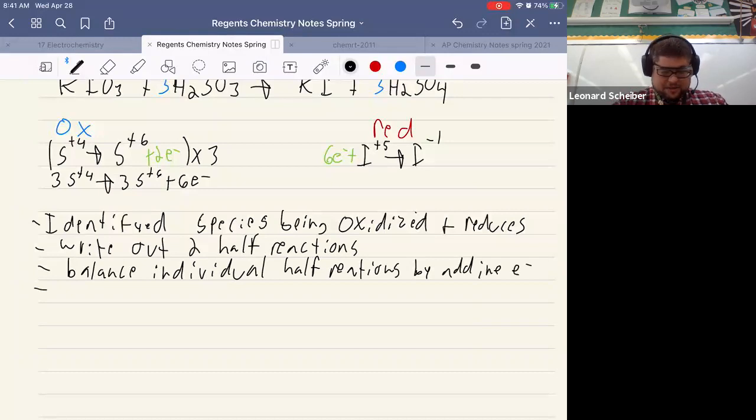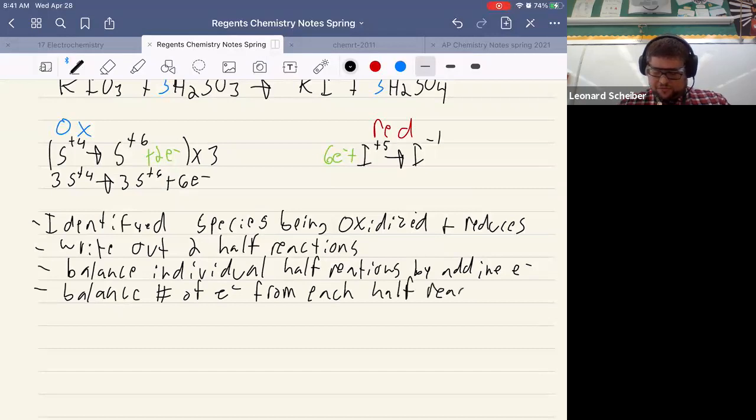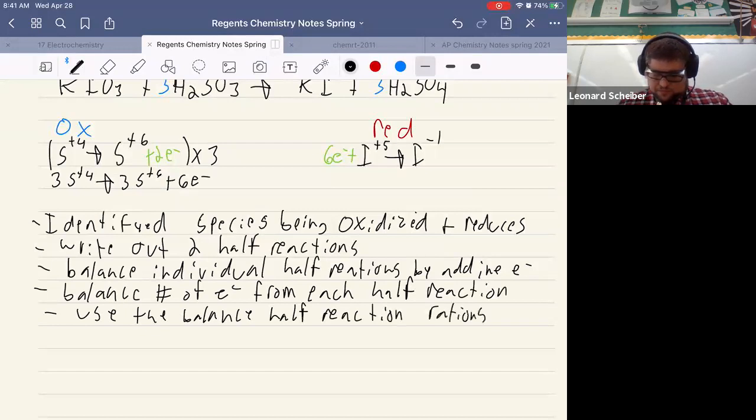Step 4, balance the number of electrons from each half reaction. And finally, use the balanced half reaction ratios in the whole reaction.